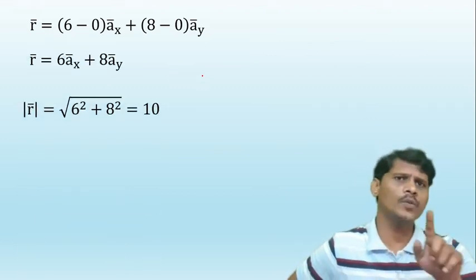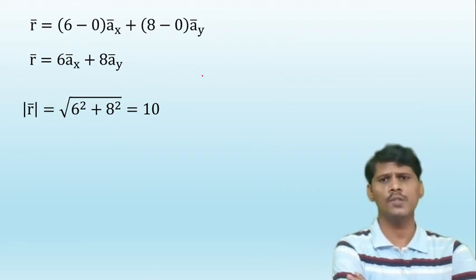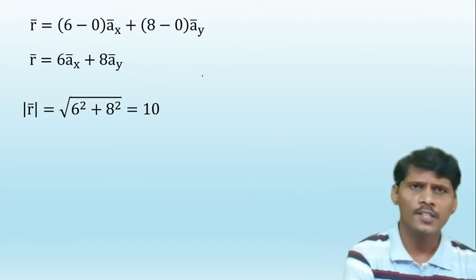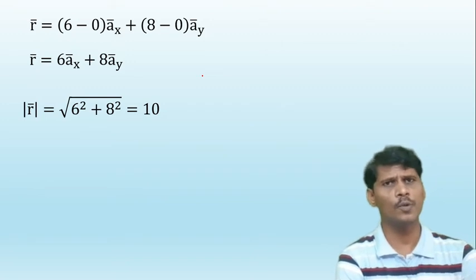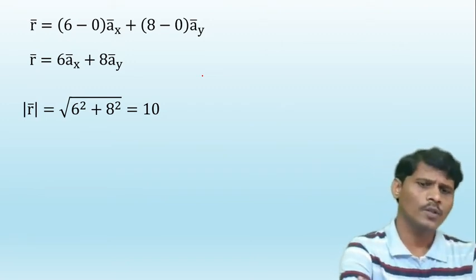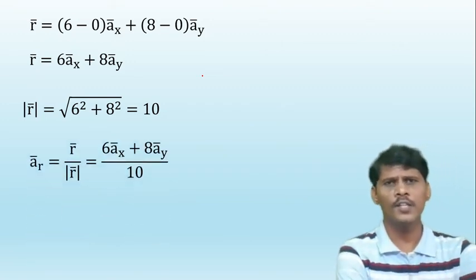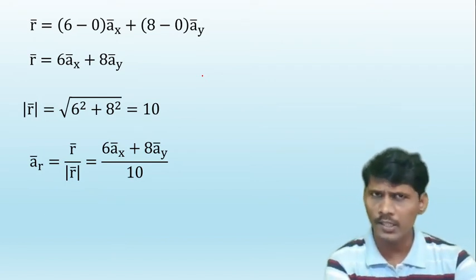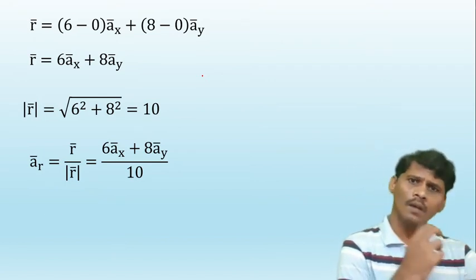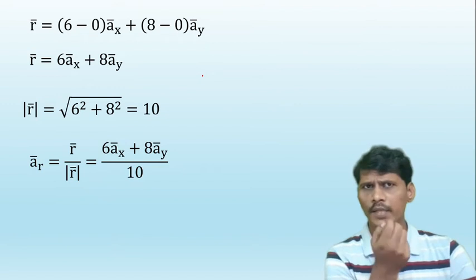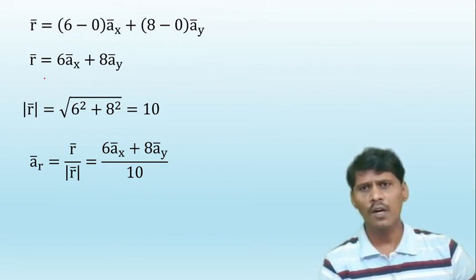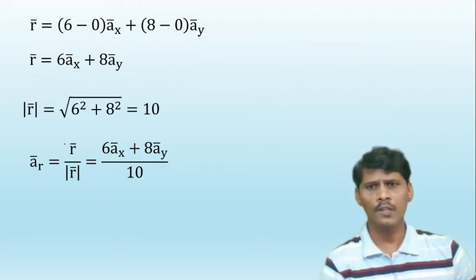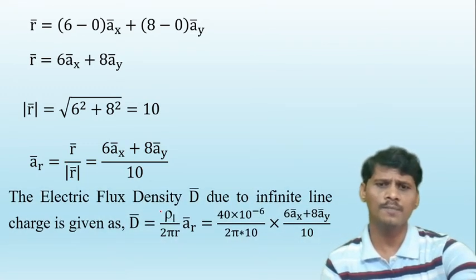Take the magnitude on both sides: square root of 6 squared plus 8 squared, 36 plus 64, square root of 100 is 10. The unit vector ar bar is r bar divided by the magnitude of r bar. Substituting r bar and its magnitude, we get the unit vector a suffix r bar.